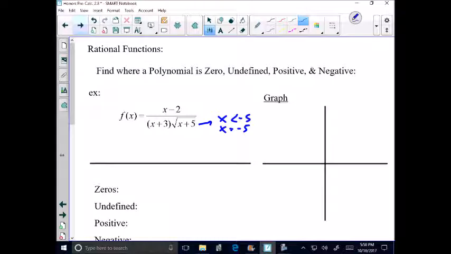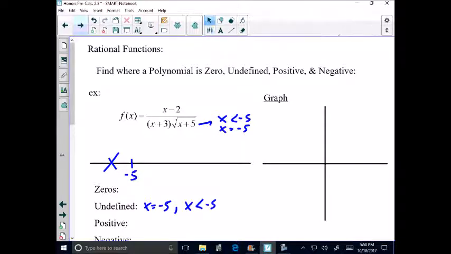Now, right here, what we're saying then is that we are going to start this sign chart after -5. So our function doesn't exist behind -5. And right here we would say that we are undefined at x equals -5 because that's a 0 of the denominator. But then we're also undefined when x is less than -5.